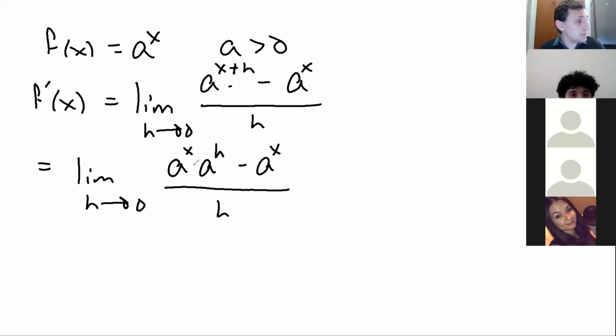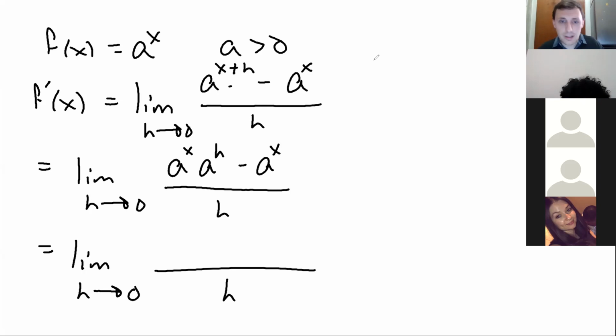Now, Francis, how do I factor it out? So this is limit as h goes to 0 over h, and I can write a to the x times a to the h minus 1.